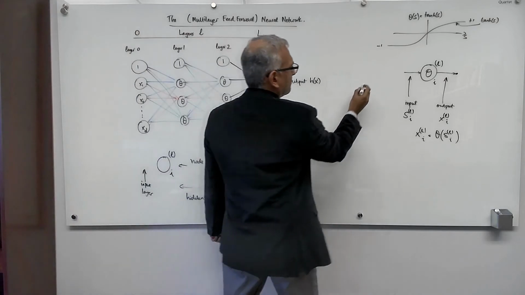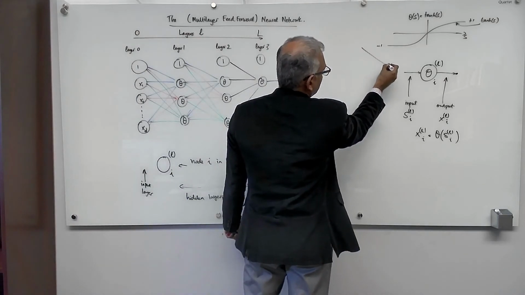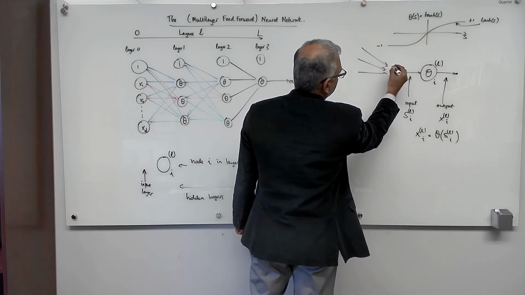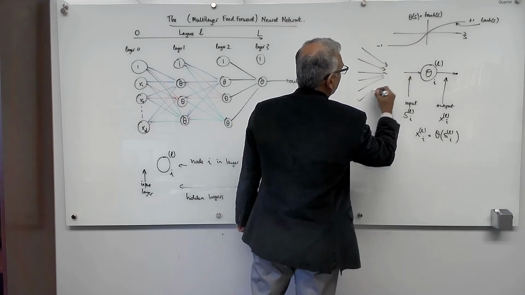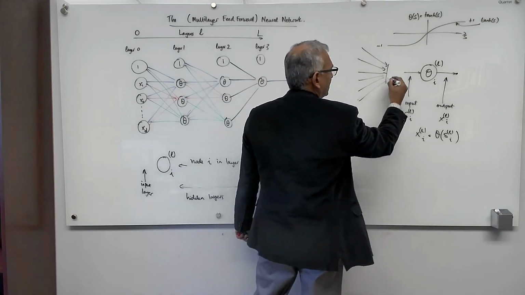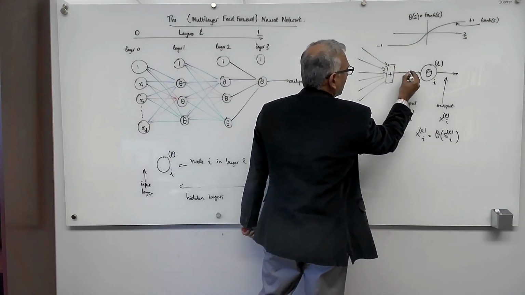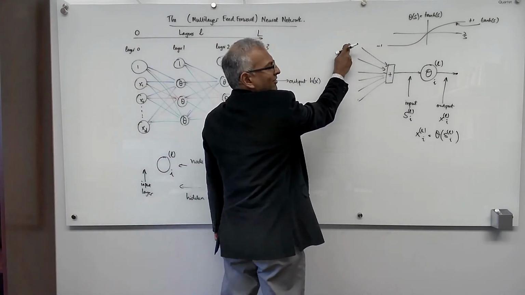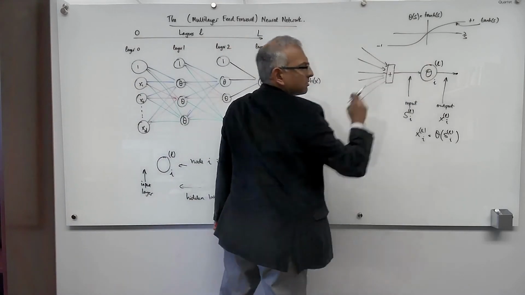There are edges coming in from the various nodes in the previous layer, and we add them, and that gives us the input. You can think of a weight coming in from the previous layer to the current layer.